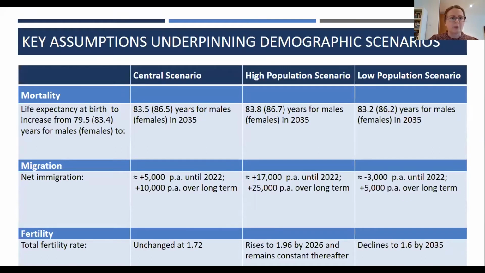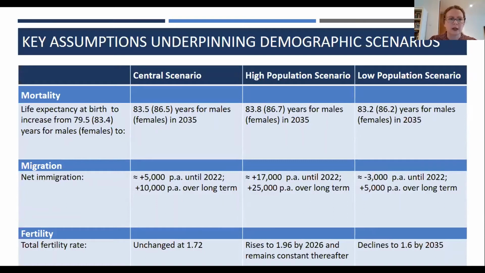So in the report, we examined three demographic scenarios: the central scenario, a high and a low population scenario. In terms then of some of the more detailed assumptions underpinning each, on mortality across each scenario, we expect to see improvements in mortality.